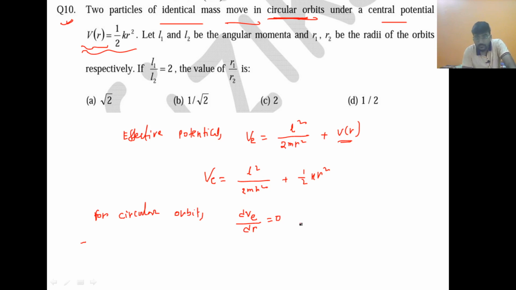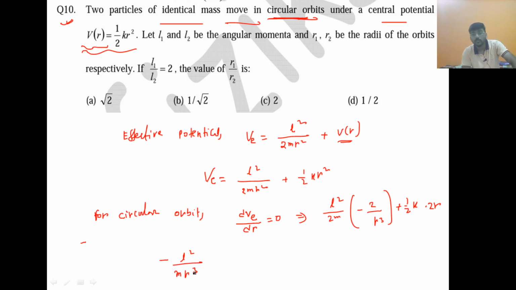So here dV over dr implies that L square over 2m is the constant term, and differentiation of 1 by r square will be minus 2 by r cube, plus half k into differentiation of r square will be 2r. So the 2 cancels out: minus L square divided by m r cube plus k r is equal to 0.